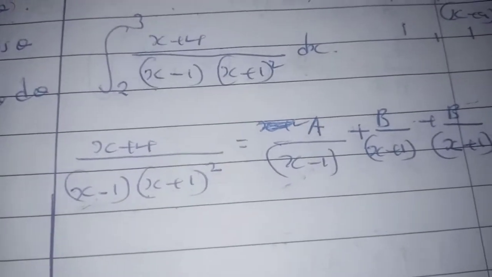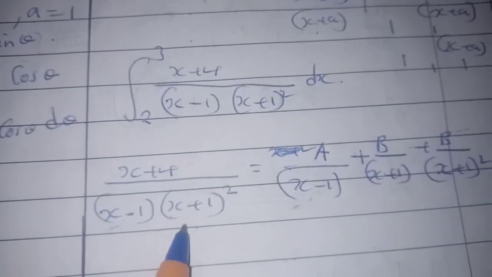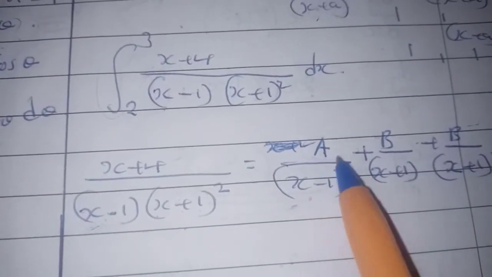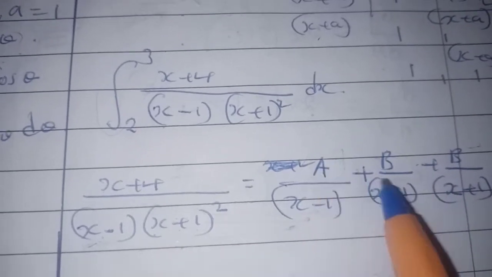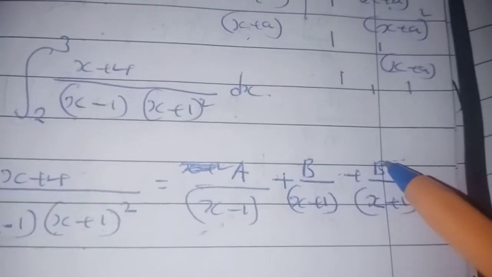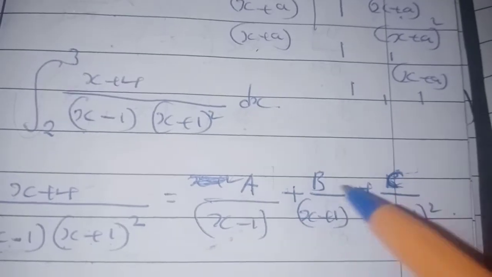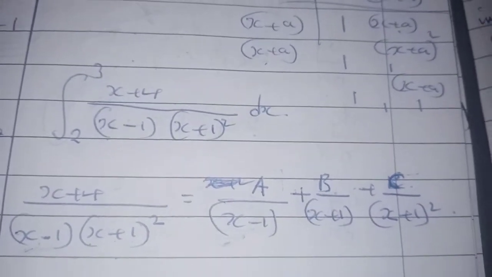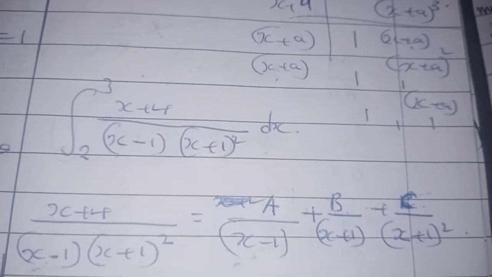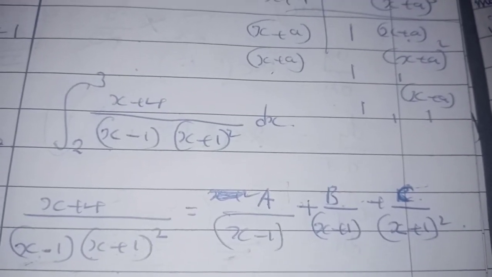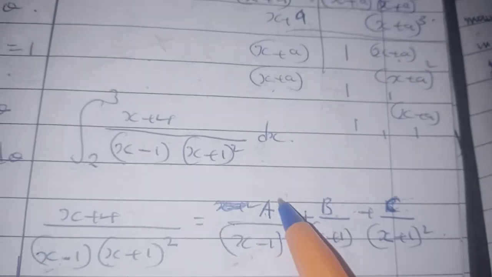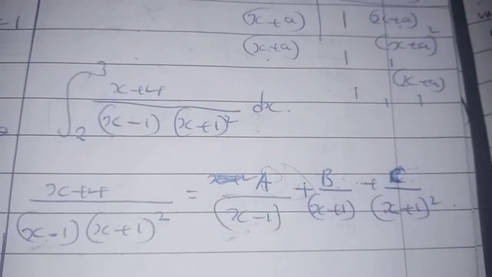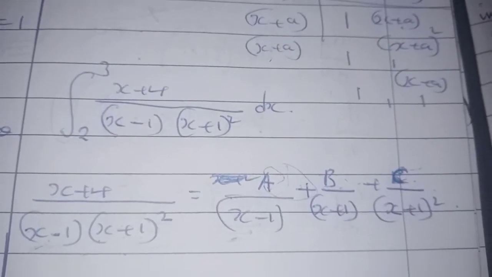When you are given a linear function, you just substitute with a value. So a, b, this should be c, I'm sorry. So a, b, and c are just values like 1, 2, 3. They are not variables. They are numbers that we are going to calculate now.